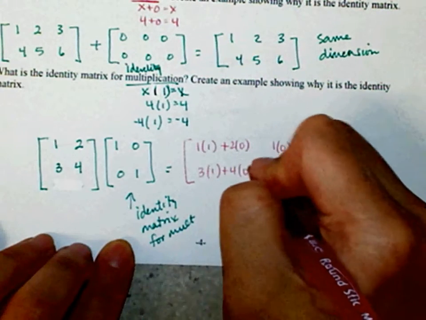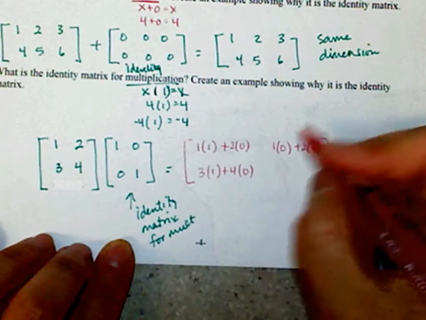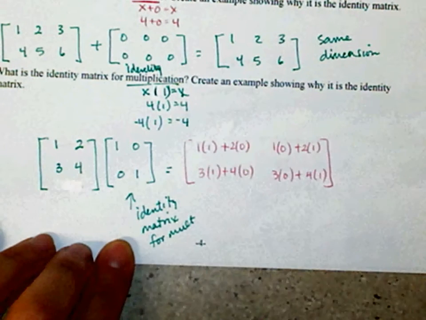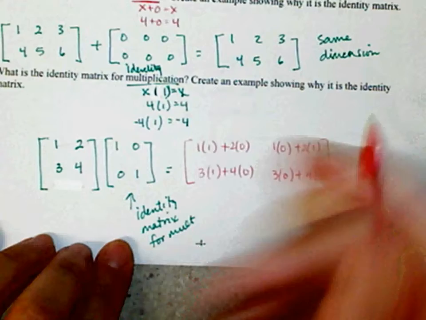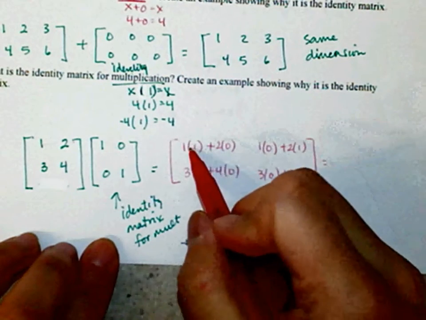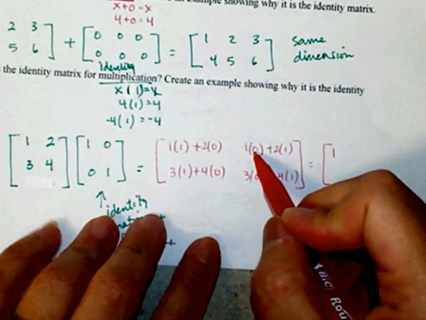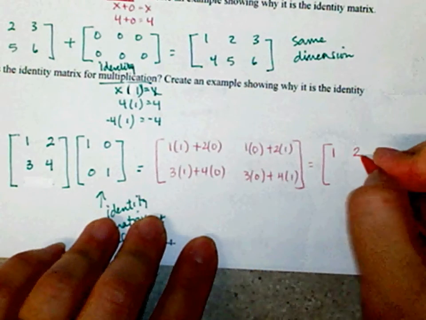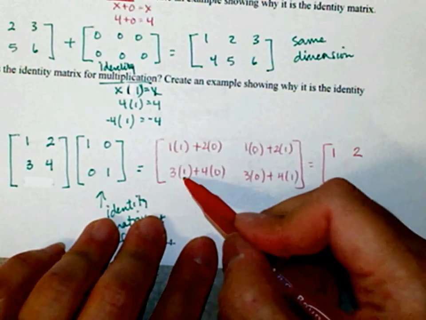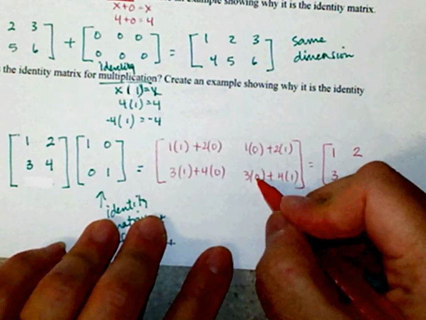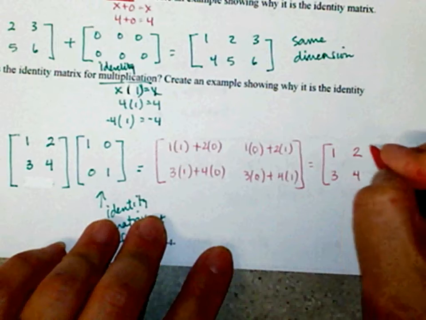Second row, second column. 3 times 0 plus 4 times 1. Alright? Now, if I were to do the math, guess what you have? 1 plus 0 is 1. 1 times 0 is 0. 2 times 1 is 2. 3 times 1 is 3. Plus 0 is 3. 3 times 0 is 0. 4 times 1 is 4. Okay.